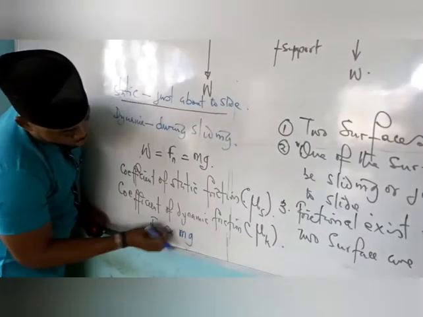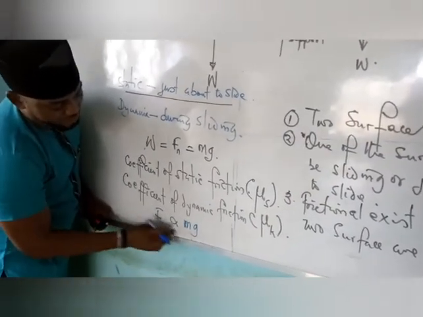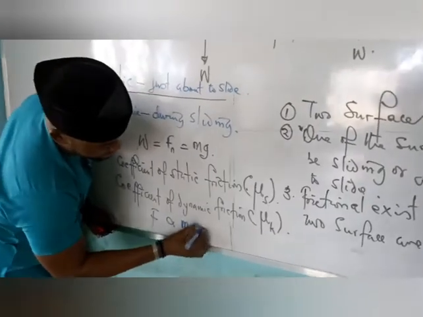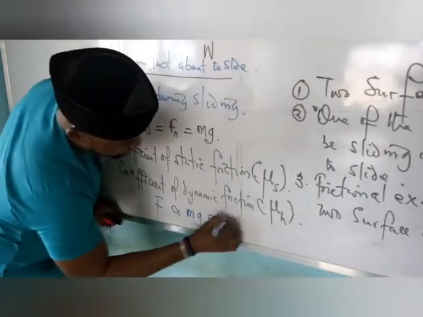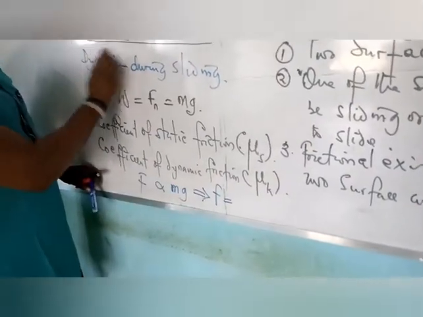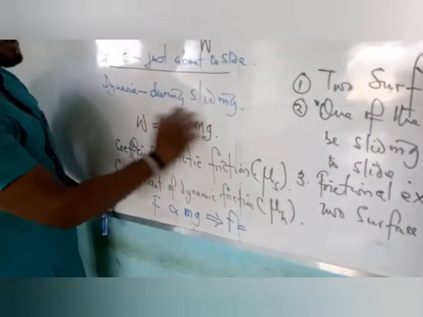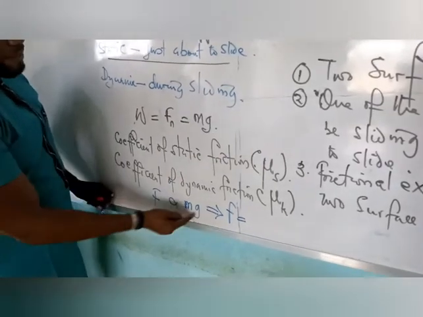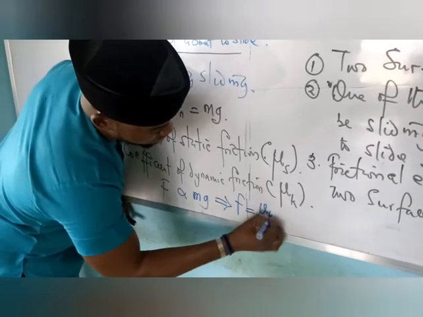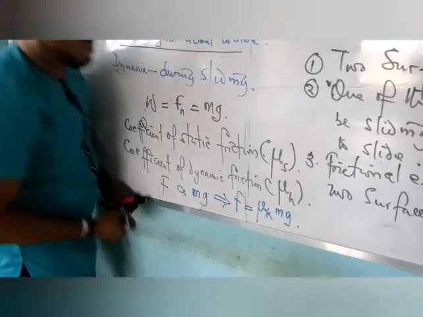Now, to replace this proportionality sign with an equality sign, for sliding friction the constant of proportionality becomes the coefficient of kinetic friction times mg.